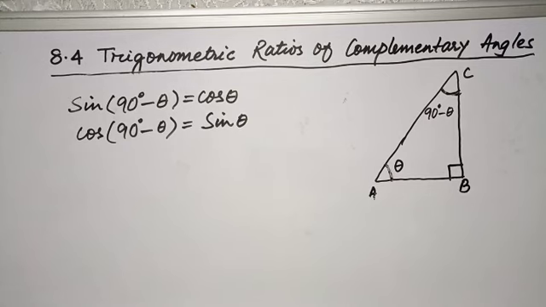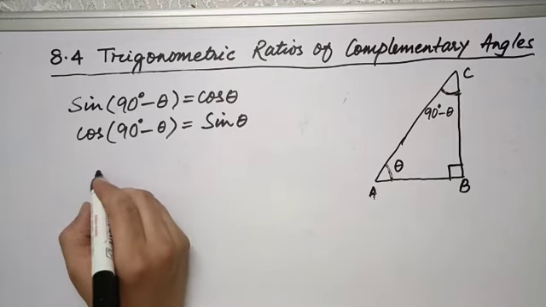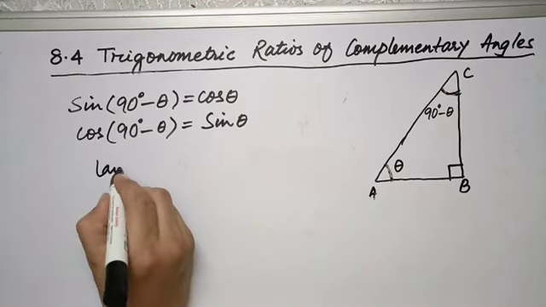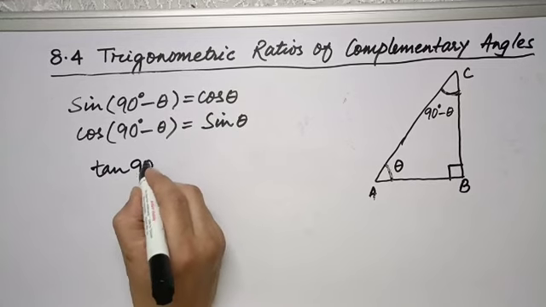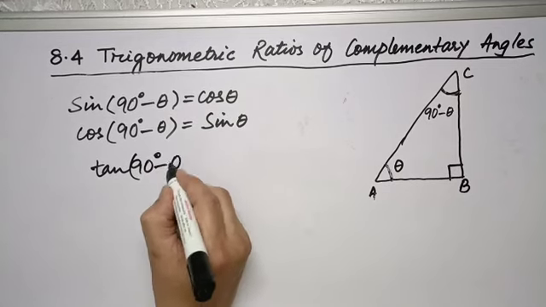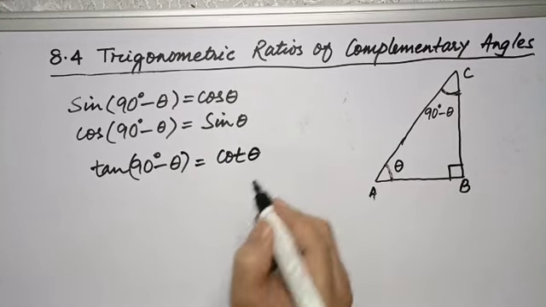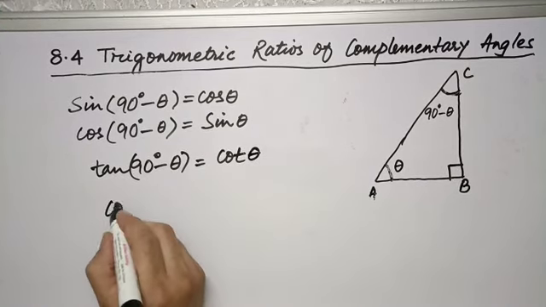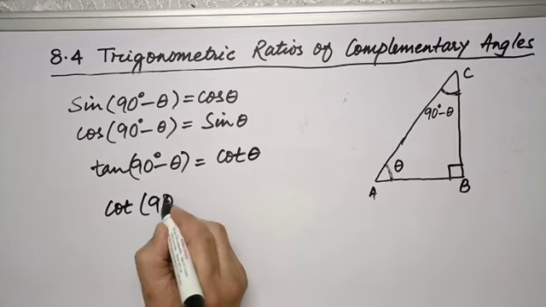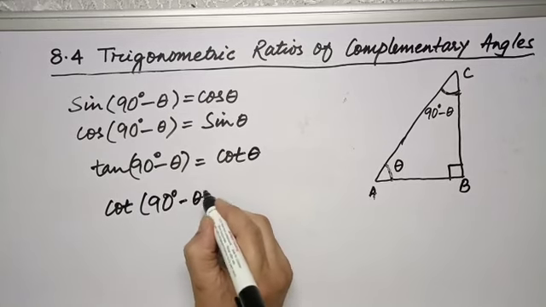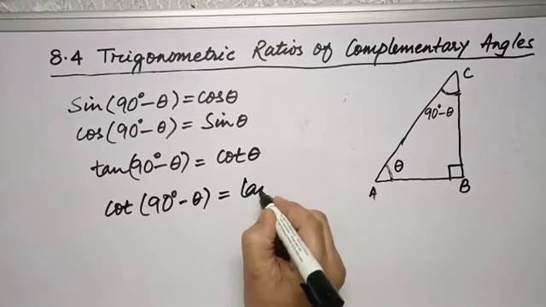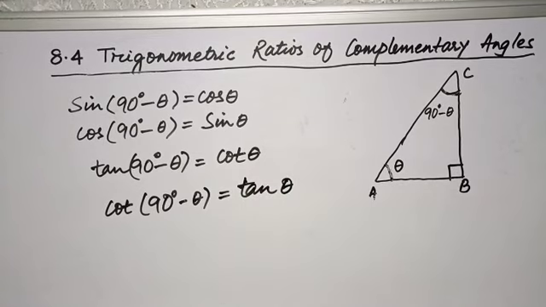If you solve it continuously for tan, cosec, sec and cot, the same kind of pattern you are going to get. Like if I say tan 90 degree minus theta will be cot theta, and cot 90 degree minus theta will be tan theta.